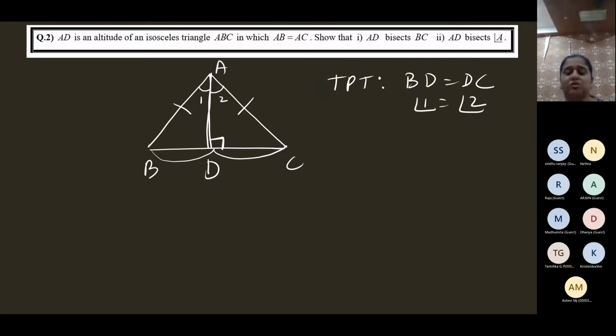Tell me the two triangles. ABD and ADC. Tell me one side or one angle of the first triangle which is equal to an angle or side respectively of the second triangle.